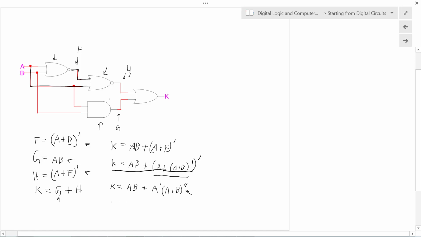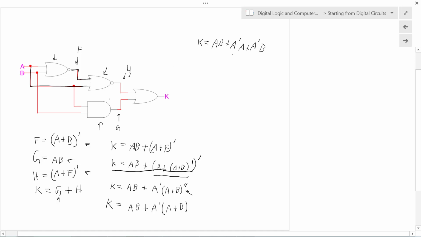This double prime cancels, so we have K equals A and B ORed with A prime ANDed with A or B. And now we can use the distributive property. K equals A ANDed with B, ORed with A prime A, ORed with A prime B.